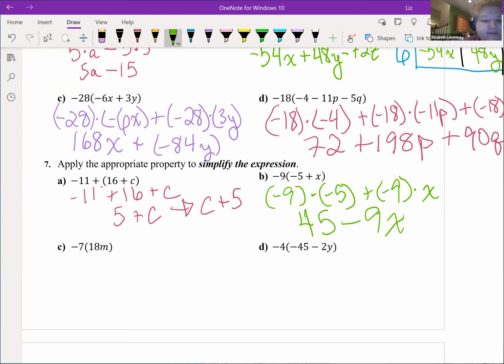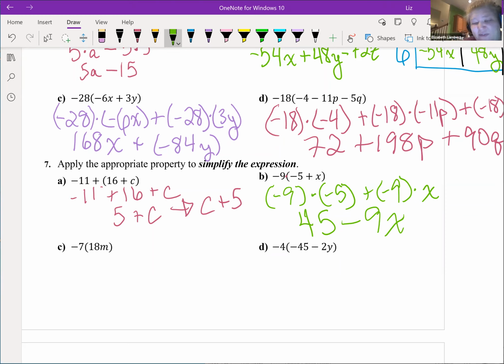Then down here, -7 smushed onto 18m. So 18 times m. So I have -7 times 18 times m. That's all times. There's no addition here. We only distribute multiplication across addition or subtraction, but we don't distribute multiplication across multiplication. So if your brain was looking at this like, oh, we distribute, we have to see a plus or a minus.